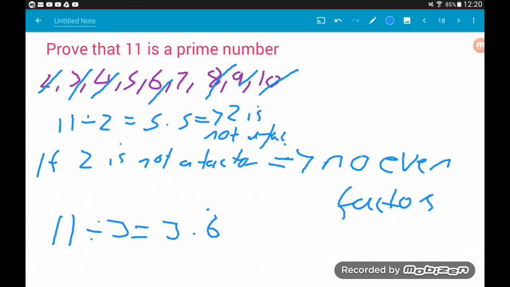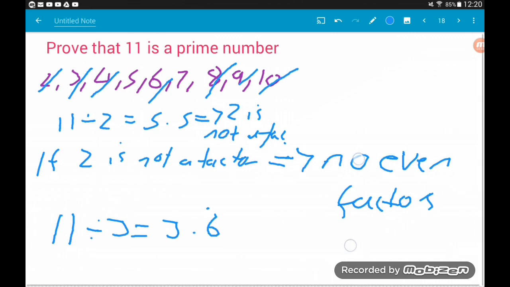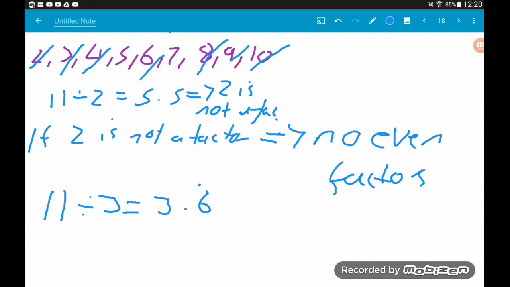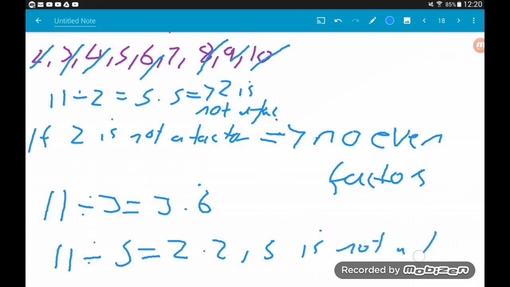So the next card we need to try is 5. So if we try 11 divided by 5, we get 2.2. So this tells us that 5 is not a factor.